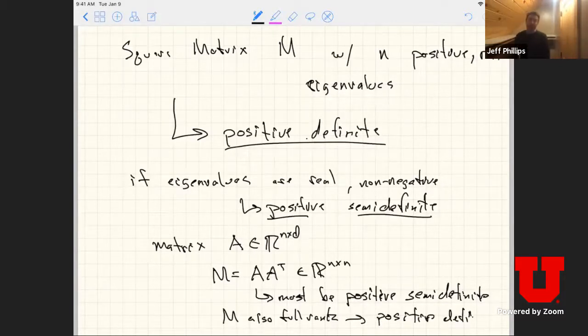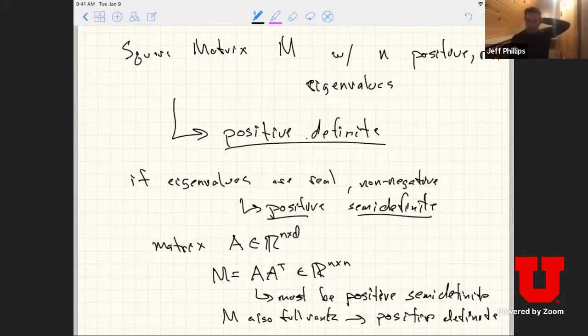Okay, so the rank of the matrices matters. For instance, if A is rank n, which would have to mean n is less than d in this case, then M will also be full rank. It'll also be rank n, and it will be positive definite. If A is rank smaller than n, then it will end up being positive semi-definite.